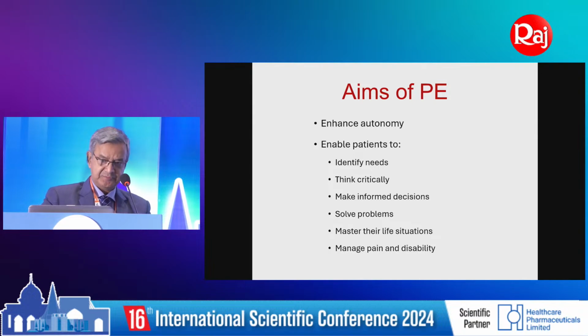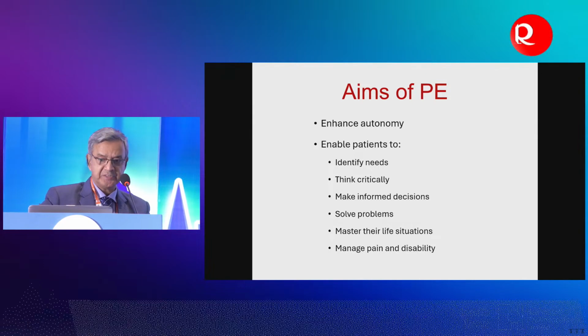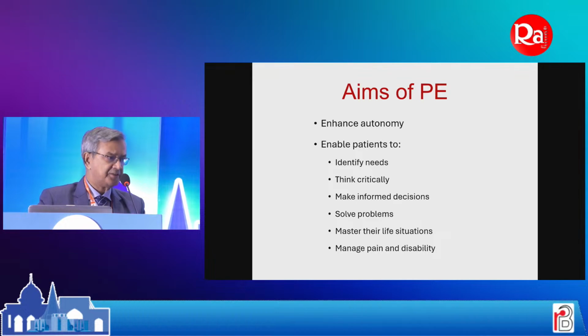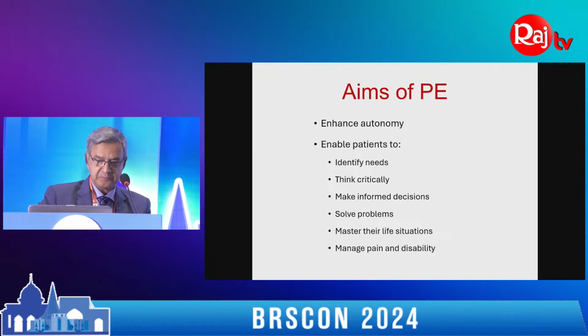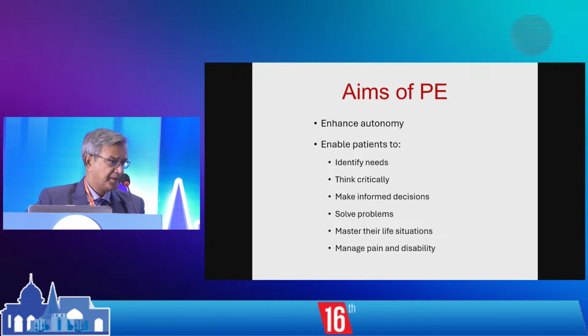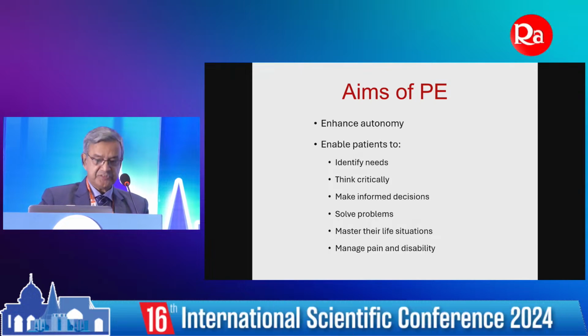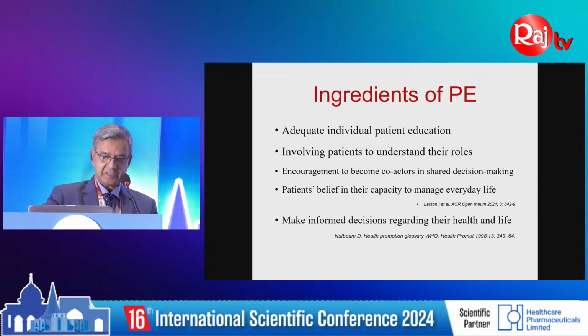And what are the aims? The first one is to enhance autonomy, enabling patients to identify their needs, to think critically, to make informed decisions, solve problems, master their life situations, and manage pain and disability. What are the ingredients of patient empowerment?